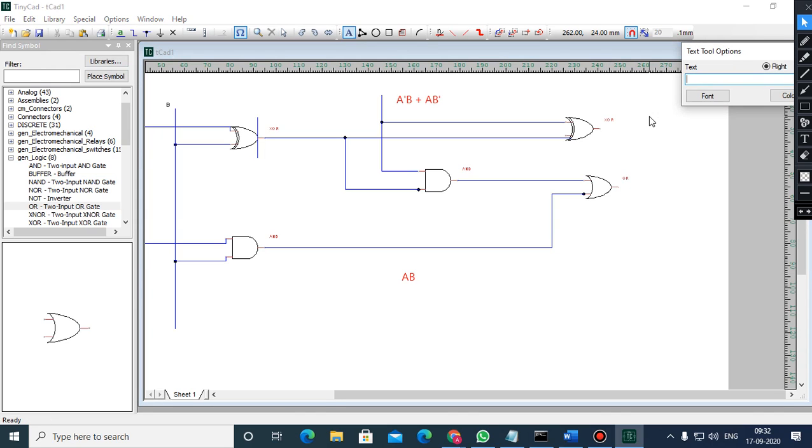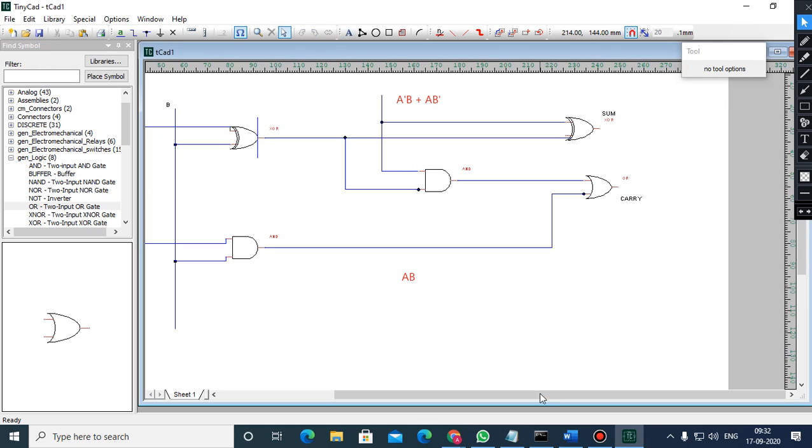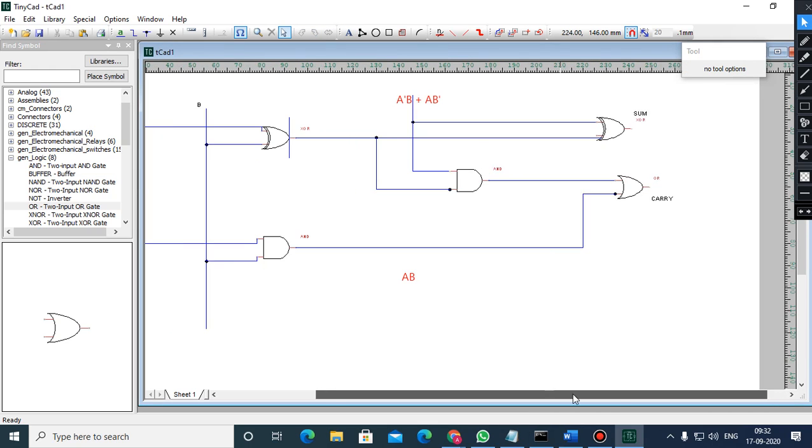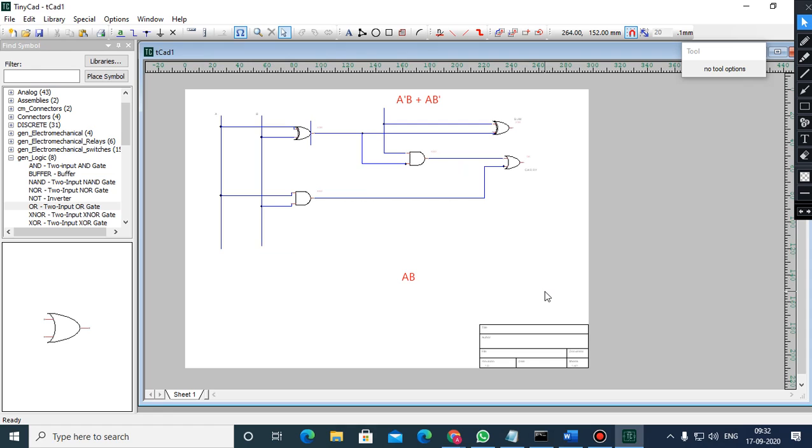Sum we are getting here, which is this, and carry we are getting here. So if there is any doubt, then please tell.